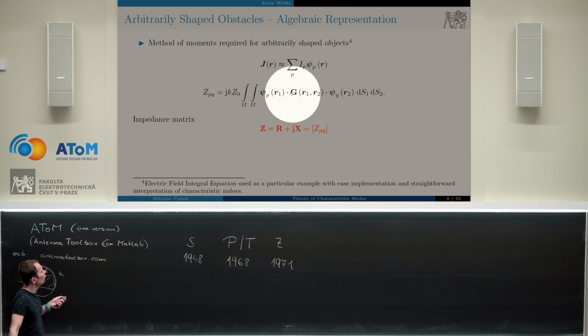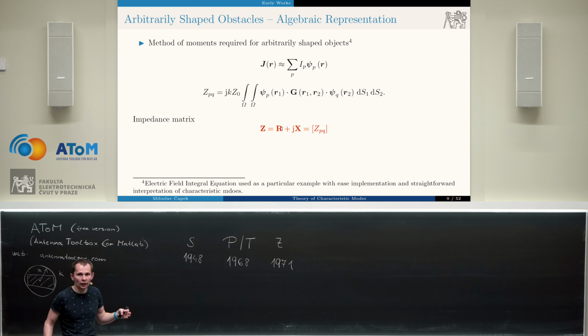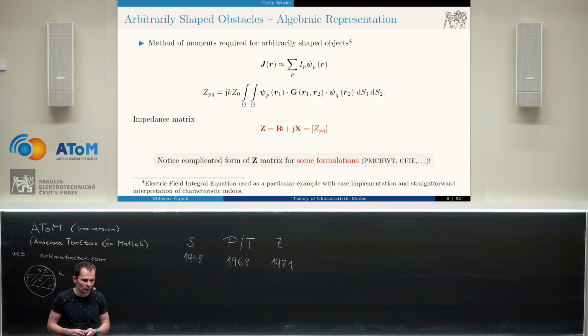So for now, let's take for granted that we have Z. Either you are able to write your own code and get Z from it, or you use some professional or academic electromagnetic simulator and export the impedance matrix from it.